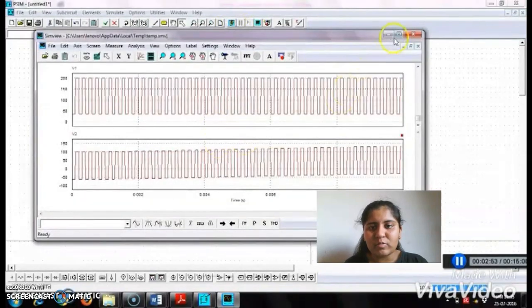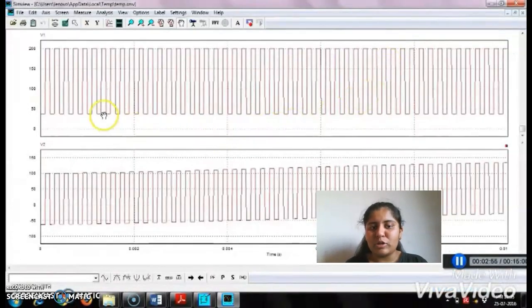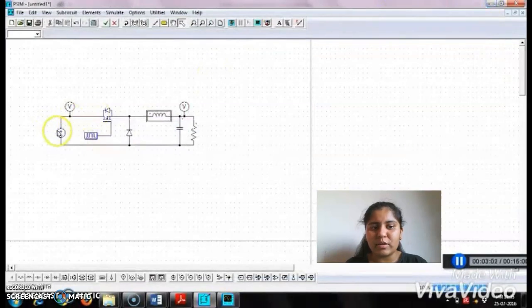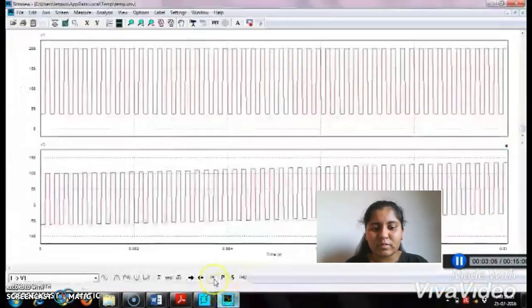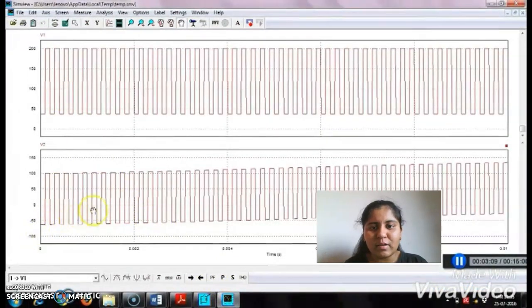Then I look at the simulation and the waveforms of V1 and V2. We gave a 50% duty cycle, so these are in a similar manner.